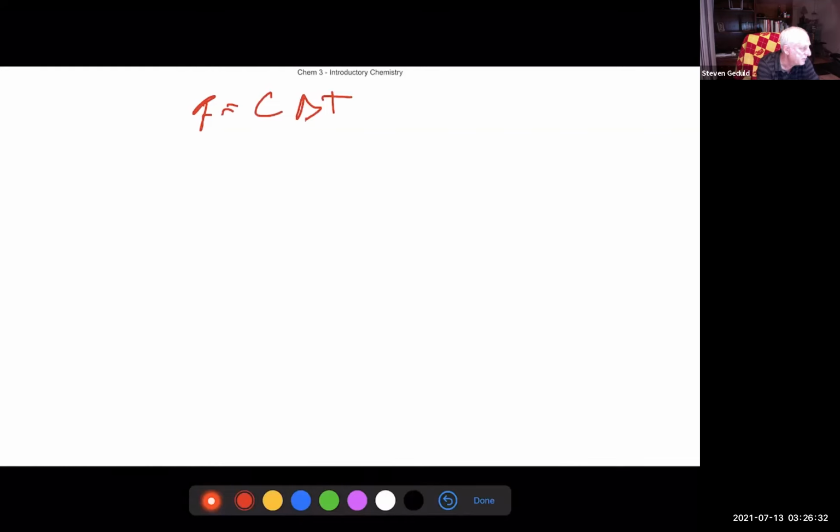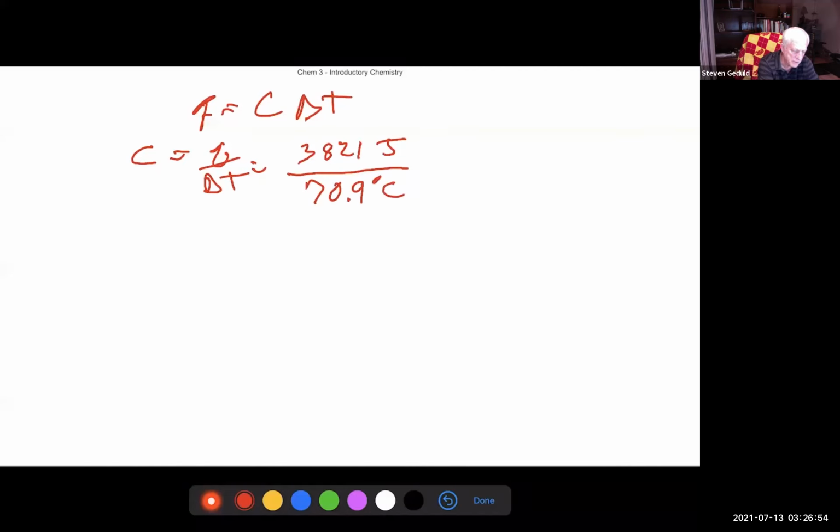So the heat capacity is equal to Q divided by delta T. Just rearrange that. So Q is equal to 3821 joules, and the change in temperature is 70.9 degrees centigrade.